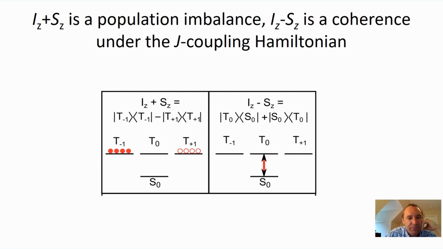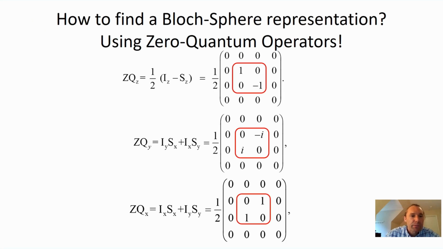So let's try to explain that yet in another way. One other way is to use the things that we're used to on Bloch spheres and other representations. And one good way of doing this is using zero quantum operators. So let me introduce you to zero quantum operators.